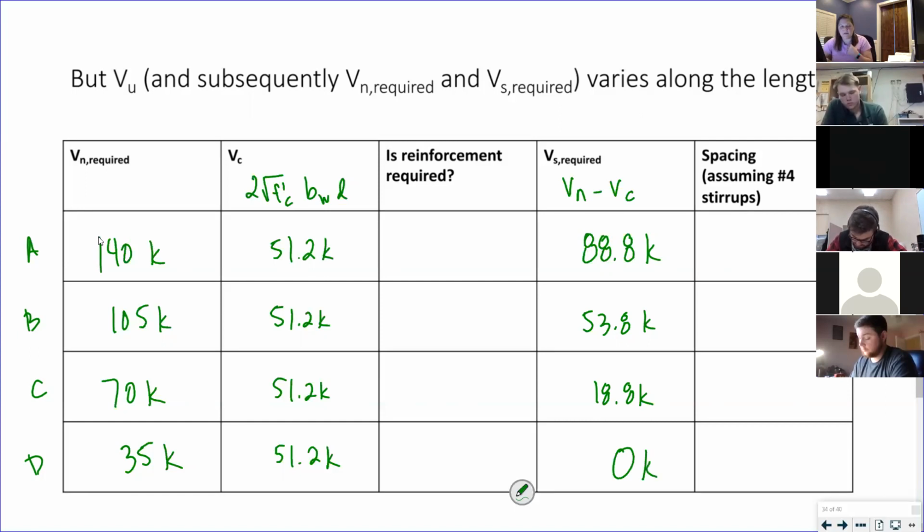You can't get negative, right? All I'm doing is subtracting my contribution from my concrete from how much I need total. So column 1 minus column 2, except you can't get negative. So 35 minus 51.2 just means I don't need any steel for strength.